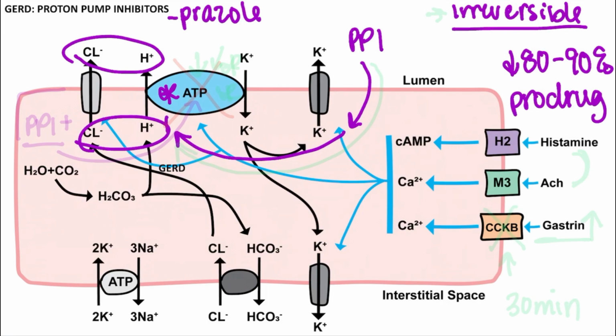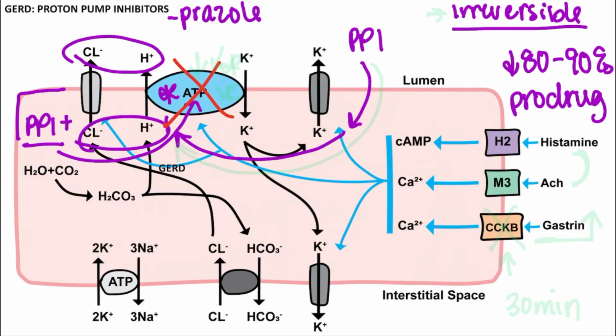The acid will catalyze the formation of a positively charged active form of the drug. And because of this and pH trapping, because now that it's positively charged, it can't escape across the membrane, the drug is now stuck inside of the parietal cell so that it can now covalently bond with the proton pumps that are inserted in the membrane and cause this irreversible inhibition.